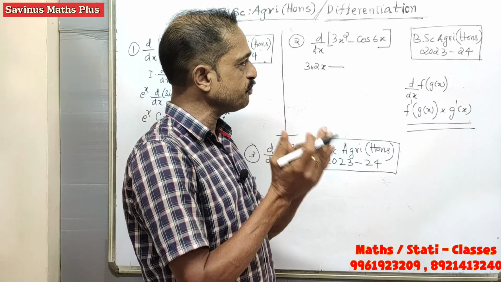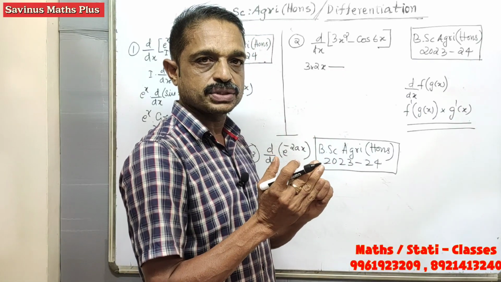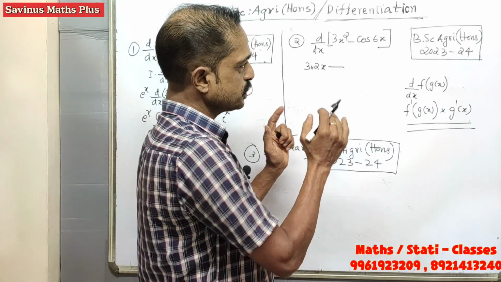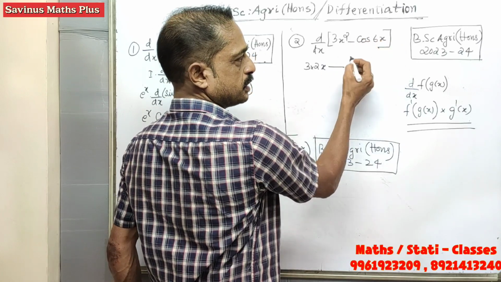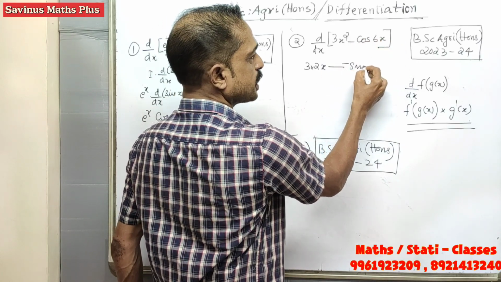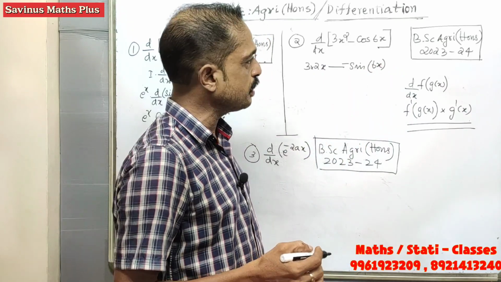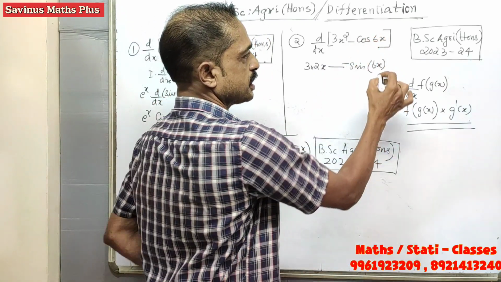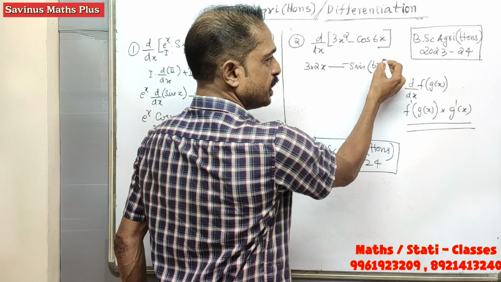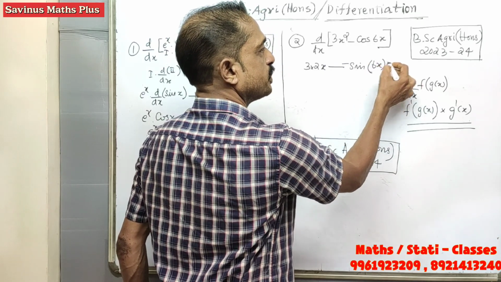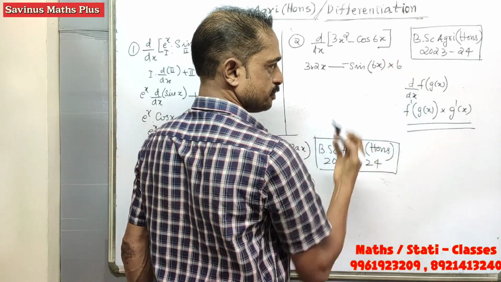So cos of some function becomes, what is the derivative of cos x? It is minus sin x. So the derivative of cos of any function becomes minus sine of the same function, 6x, into the derivative of the inner function. The derivative of 6x is 6.